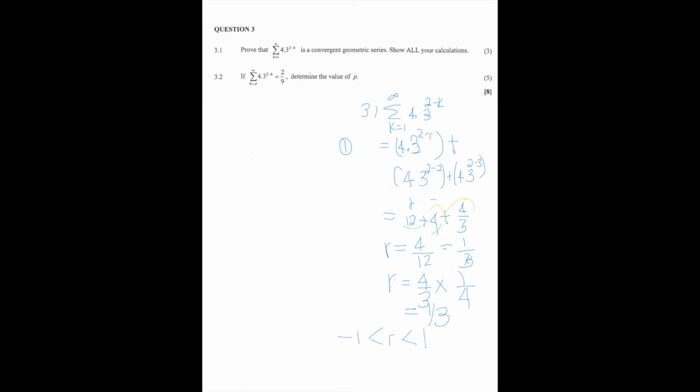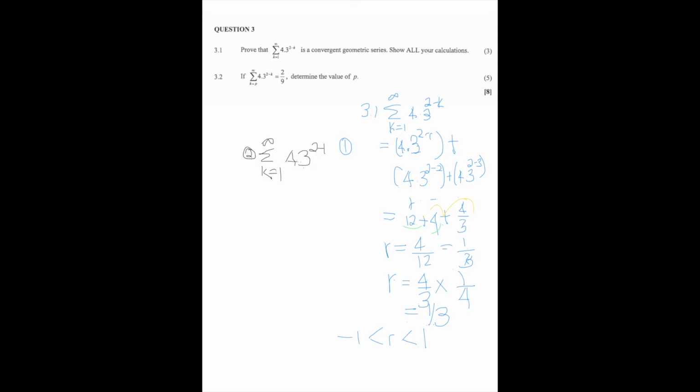Now the second method that you can use: we know that the series is given by the sum where k goes from 1 to infinity of 4 times 3 to the 2 minus k.